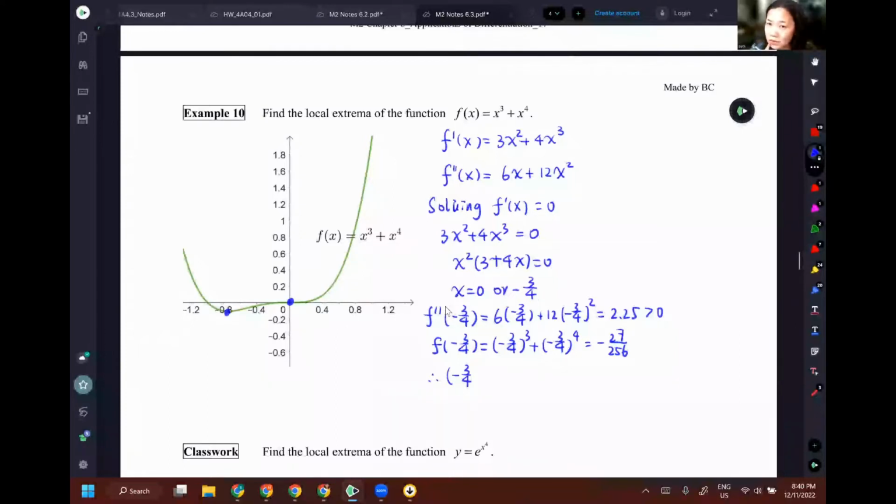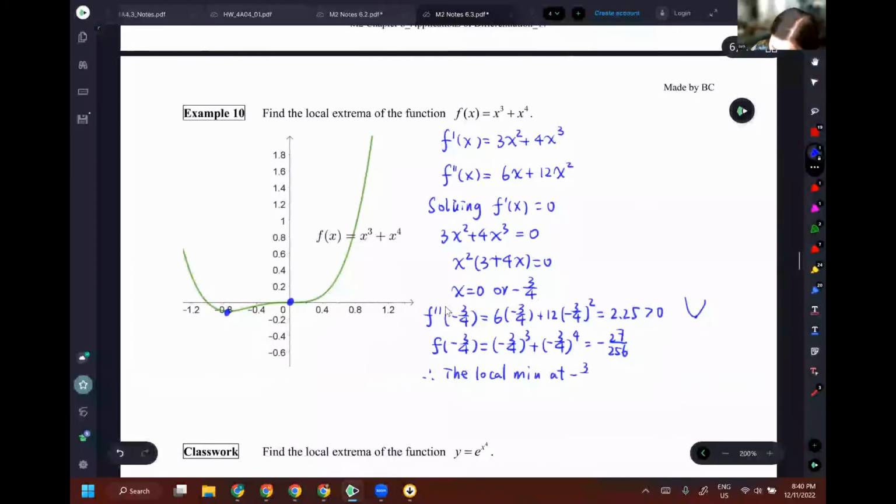Should I answer the point or the value? I should answer the value. So the local minimum at negative 3 over 4 is equal to negative 27 over 256. I need to answer a value, the local minimum value.